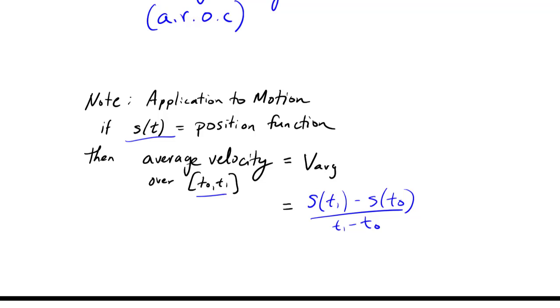But that doesn't talk about what happened at any instant. At some instant, the speedometer may have read 70 miles per hour or 65 or 55. So what we're talking about with the average rate of change is the average rate of change over that time span, in this case, average velocity. And we'll have to see how that can then be translated into instantaneous rate of change or instantaneous velocity with limits.